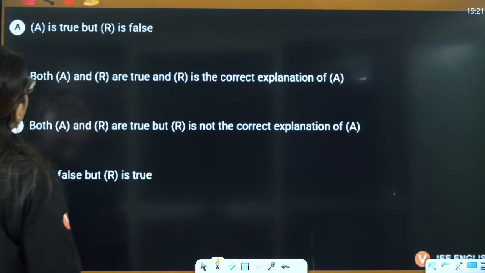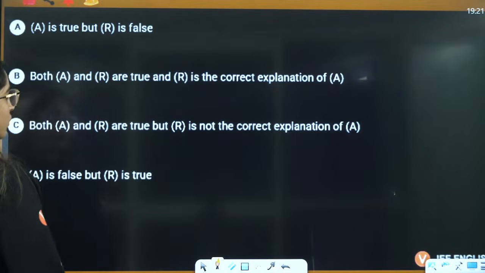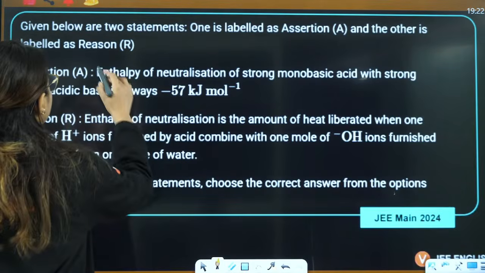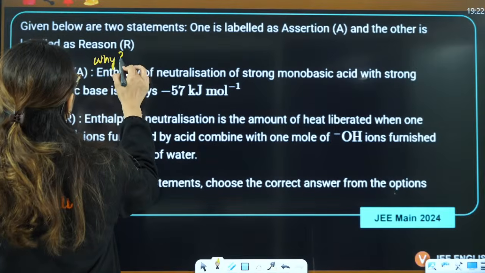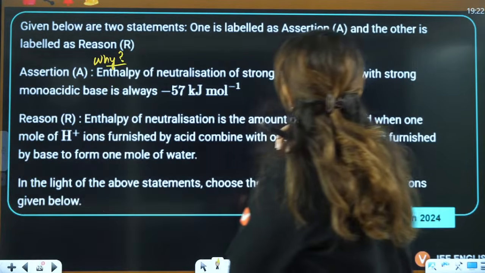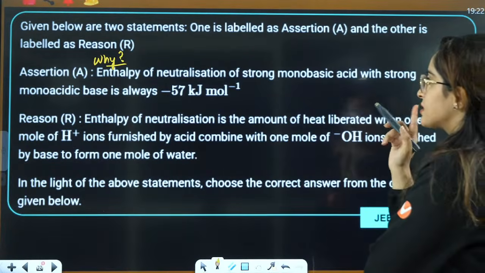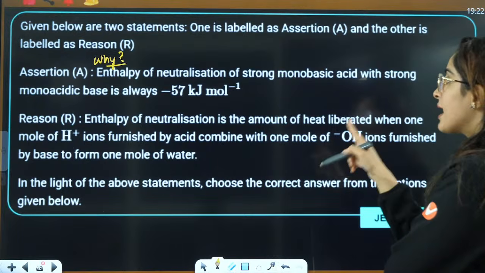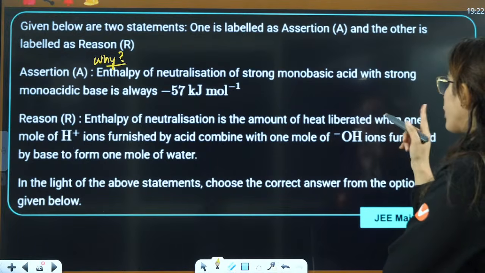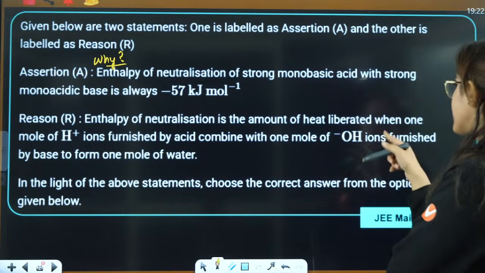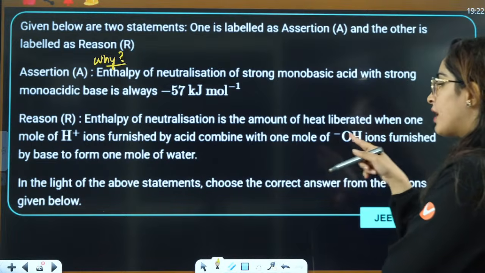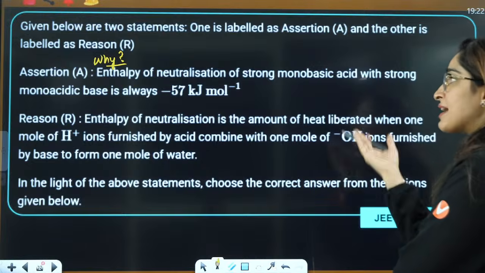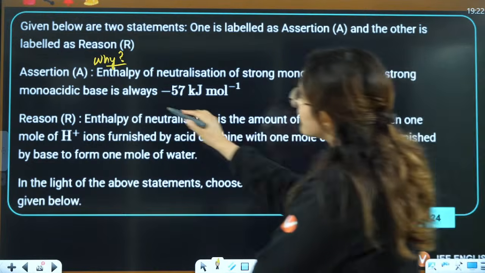But let's see if they are explaining each other or not. Why is the enthalpy of neutralization of strong monobasic acid always this? Because enthalpy of neutralization is the amount of heat liberated with 1 mole of H positive and 1 mole of OH negative to form 1 mole of water. That means it will be fixed. Why is it always this?